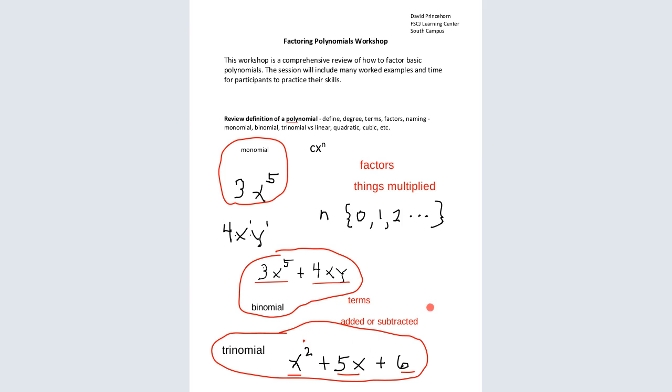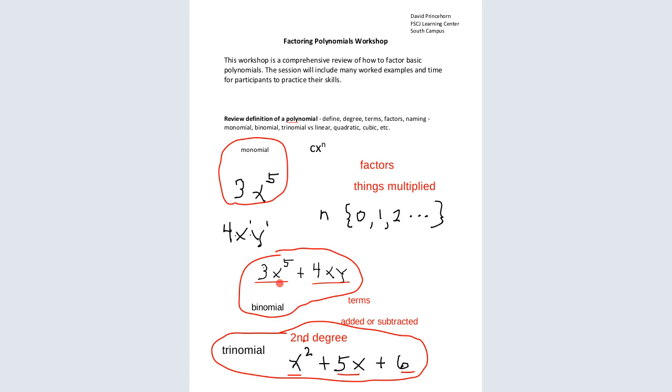They look at the degree of the polynomial, in other words, the exponent, and that's how they get the degree. So this is a second degree trinomial. Second degree because the highest power, the exponent to the highest value, is 2.